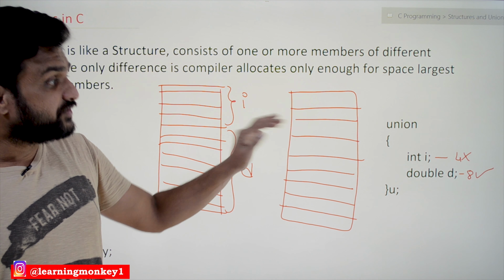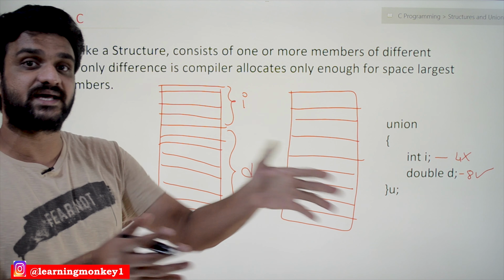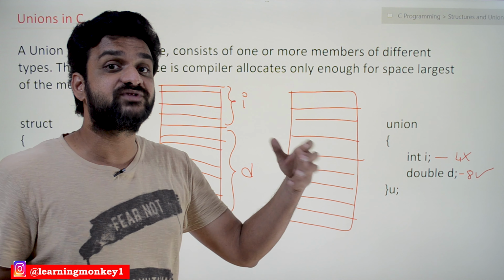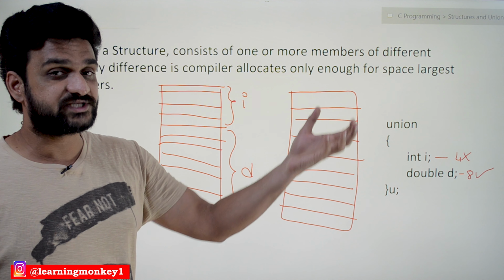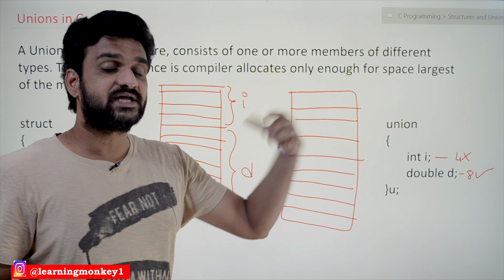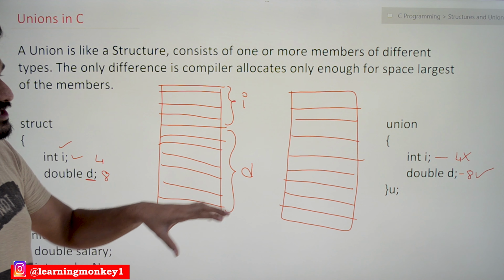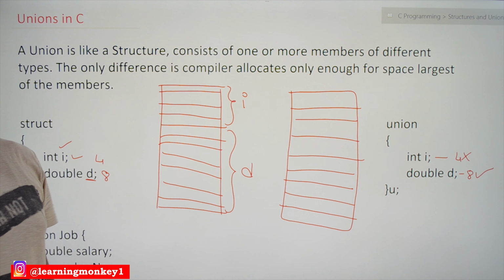We will try to understand that in our next video, where we will see a big example on unions and structures, and how we can save space by using unions. As of now, understand that only the largest member's space will get created for a union.